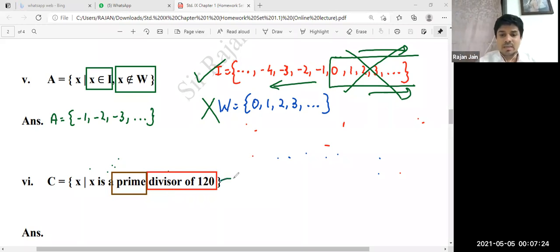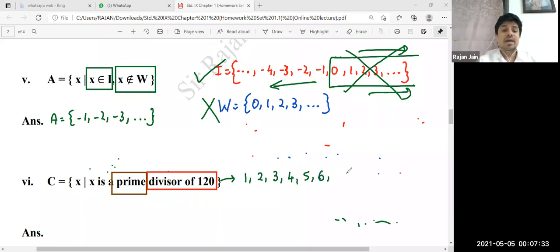So among the examples I have given, 1, 2, 3, 4, 5, 6, then my next divisor will be 8, next divisor will be 10, next divisor will be 12, and it will go on. Is that clear?